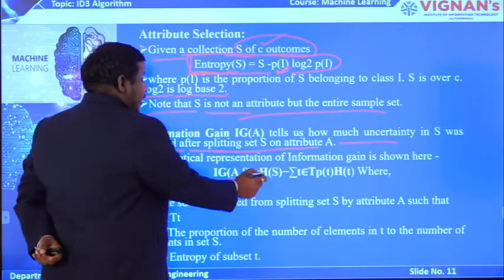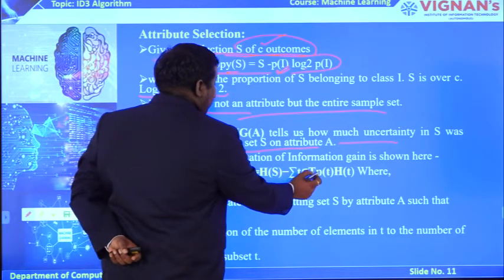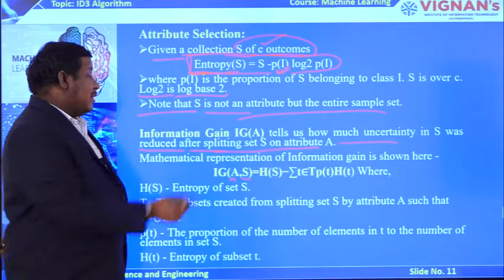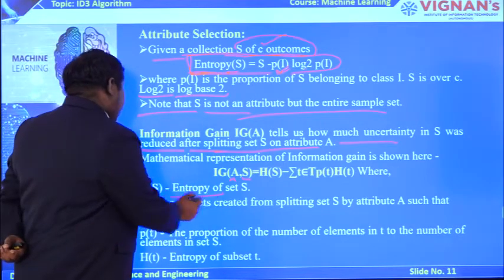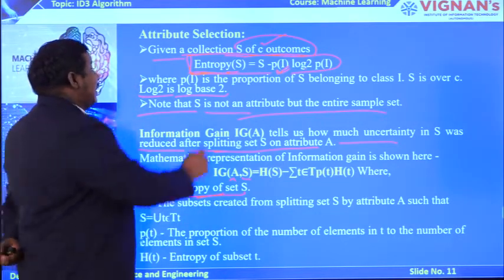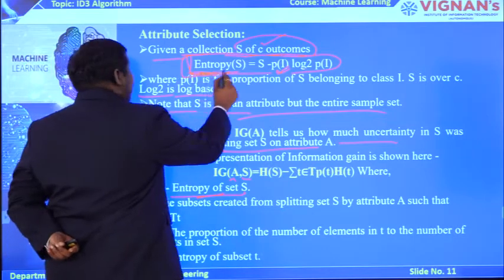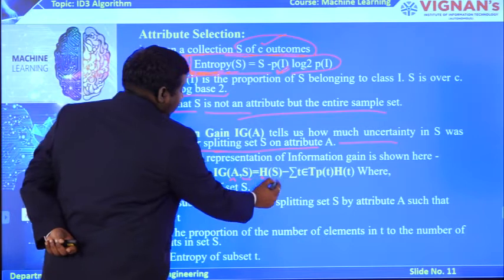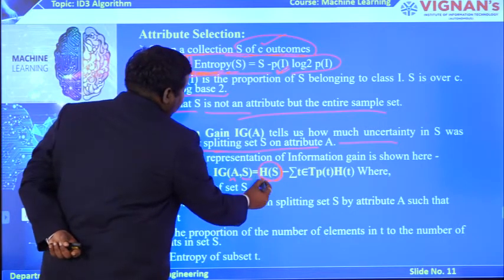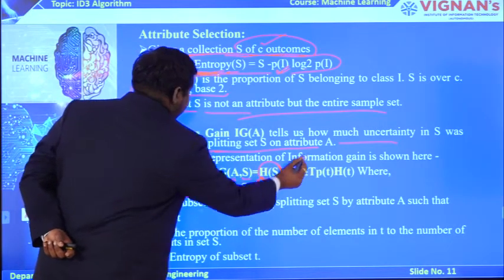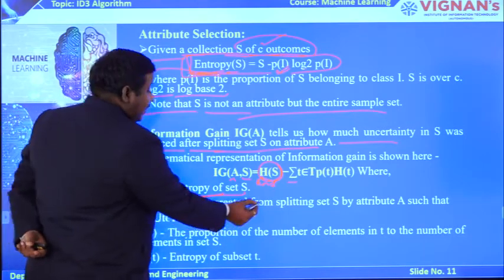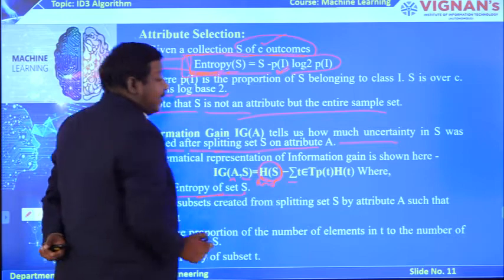The formula is H of S minus sigma over T belongs to capital T of P of T into H of T, where H of S stands for the entropy of set S. Whatever entropy we get here will be directly replaced as H of S in this formula, minus the subsets T created from splitting set S by attribute A.